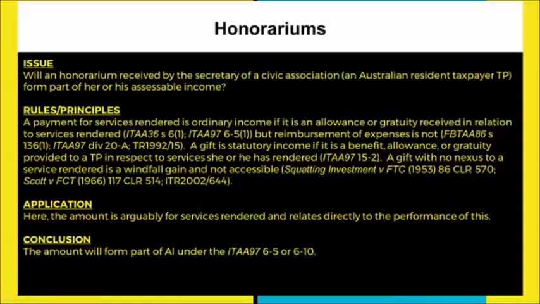And we'll note that while gifts don't form part of ordinary income, they can be statutory income. In other words, Division 15, so Section 15-2 of the 97 Act will deem a benefit, allowance or gratuity provided to the taxpayer, and that really relates to the services that they've done, to be statutory income.